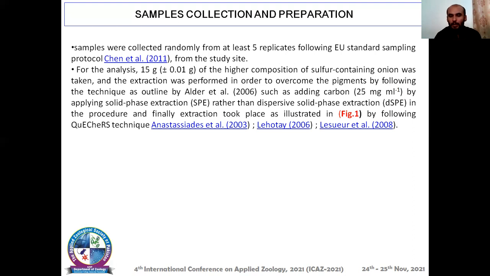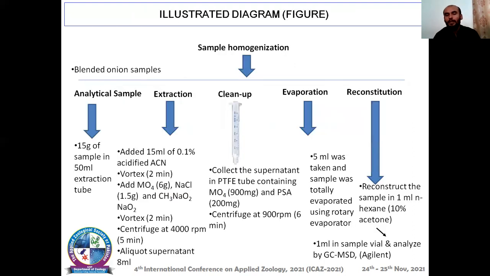Then, adding some chemicals, the QuEChERS method extraction is as shown in this slide. First of all, the sample was homogenized, blended onion sample. Then analytical samples were prepared: 15 grams of onion sample in a 15 ml extraction tube was used. Then extraction by adding some chemicals. Then vortex it for 2 minutes.